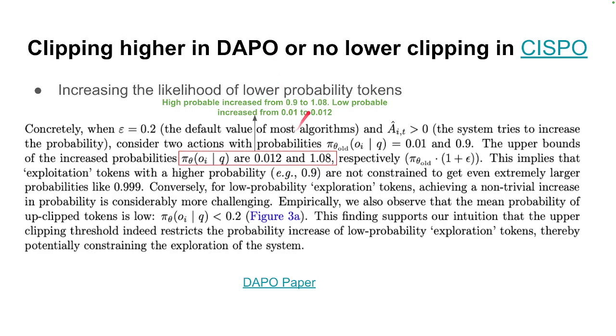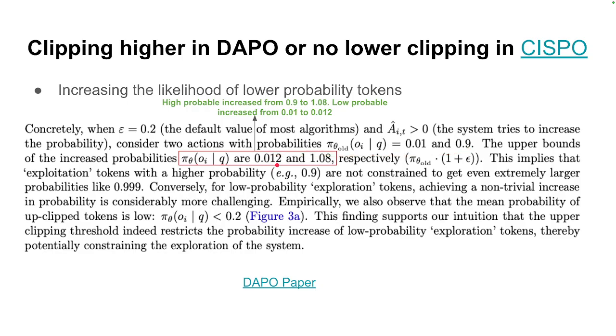And some of the issues that people have seen with this clipping are in DAPO and in the CISPO paper. This CISPO is by the Minimax team, and I have grabbed a paragraph from the DAPO paper. So if you see here, one of the tokens had probability of 0.01, and another token had probability of 0.9.